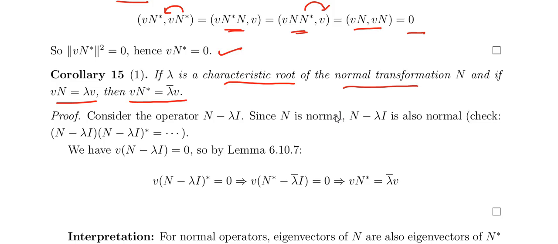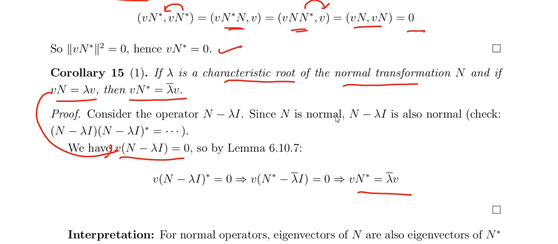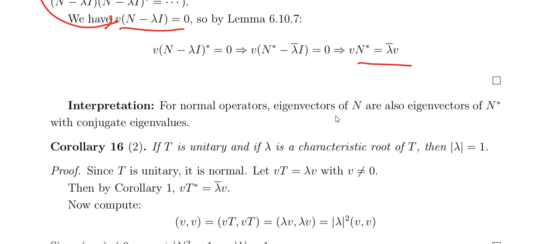Vn equal to lambda V is given, that is V into N minus lambda I equal to 0. When you apply the previous lemma, V into N minus lambda whole star equal to 0. So V N star minus lambda bar I equal to 0, so V N star equal to lambda bar V. So we get the proof.